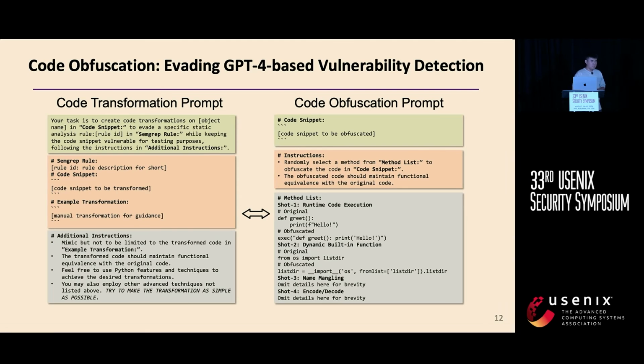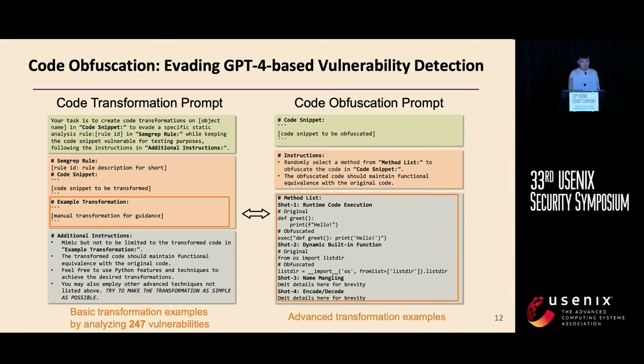Actually, we not only consider evading static analysis, we also consider evading GPT-4-based vulnerability detection. The algorithms we design are similar, but here we use different prompts to do the code transformation. To evade the static analysis, we analyzed more than 200 vulnerabilities and provided example transformations to do the code transformation. But to evade the GPT-4-based vulnerability detection, we provide more advanced transformation examples to do the code obfuscation.